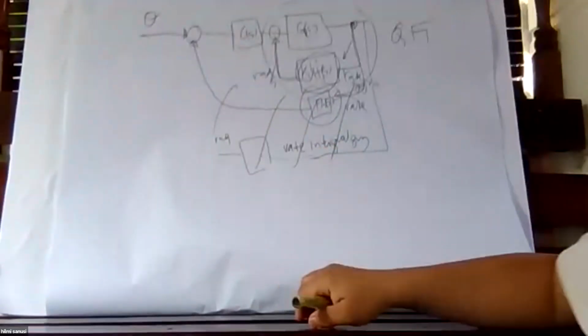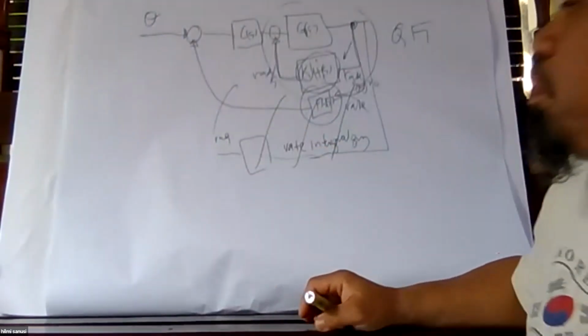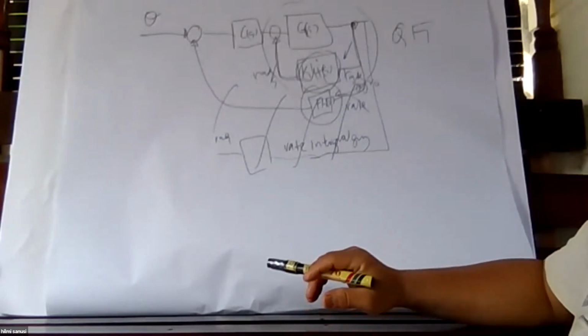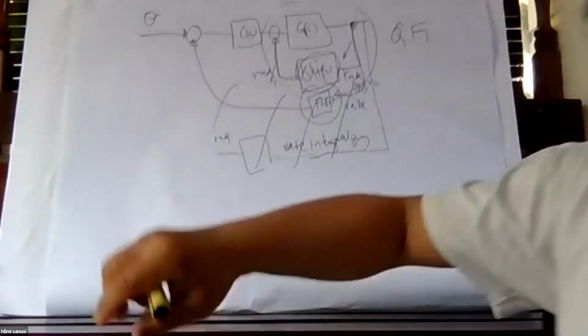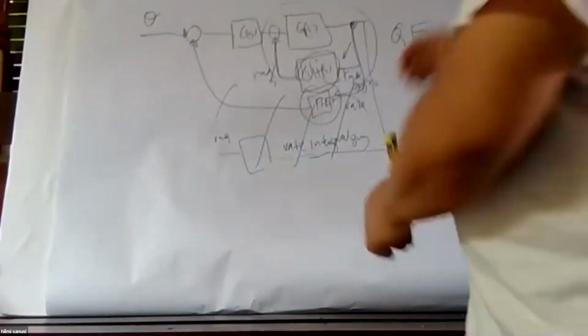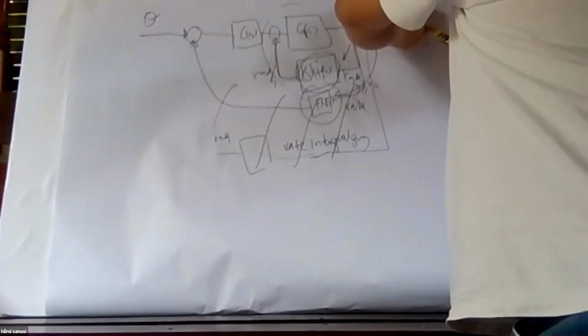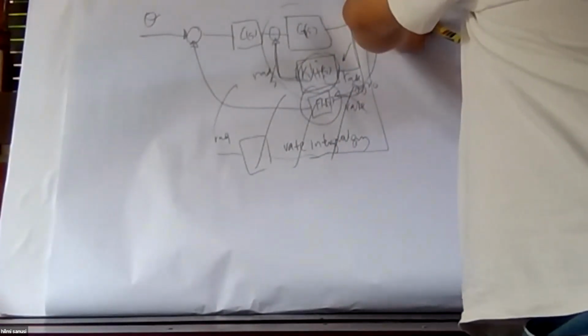So this is apa relation. Macam mana kita nak dapat relation between time domain dengan frequency domain?